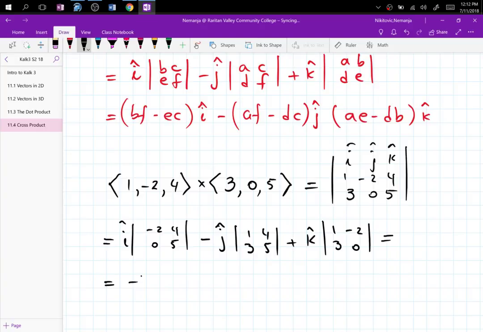Negative 10. That's 5 minus 12. Do we all have the vector (-10, 7, 6)?